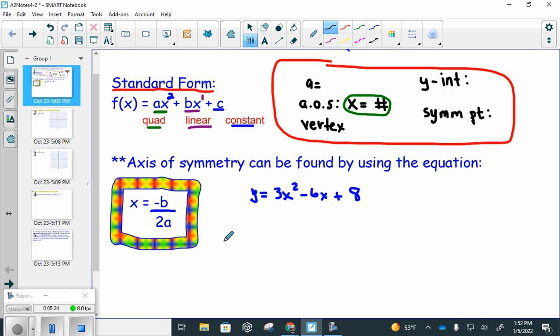To find the AOS, the middle of this parabola, I'm going to need to use the form x equals negative b. Now the b in this problem is the negative 6 right here. And so when I write it on top, I'm going to do the opposite of negative 6.